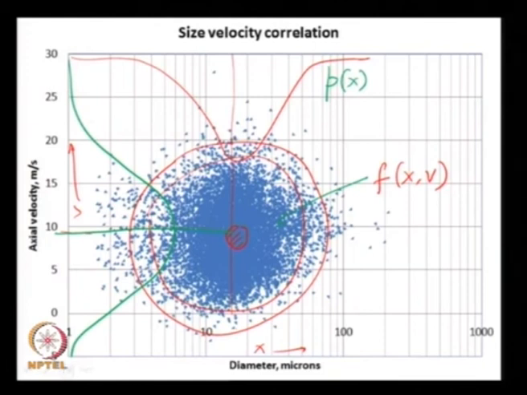This is my h of v. So, this is a graphical representation from a real data set of what p of x is, what h of v is and what f of x comma v is.